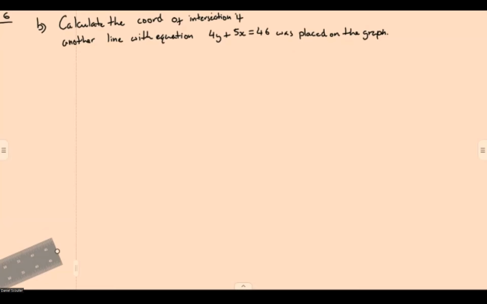So writing the equations down. The equation from A was 3y minus x equals 6. And the equation from 2 is your 4y plus 5x equals 46. So we're multiplying that by 5, and that's just by 1.